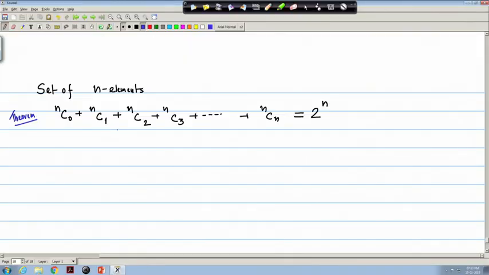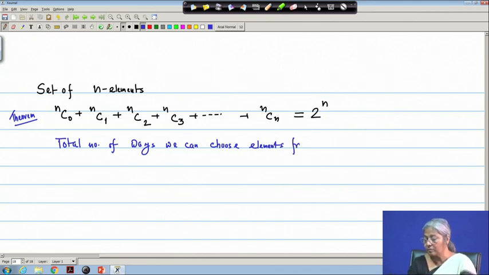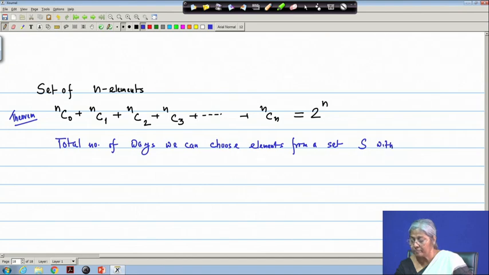From the definition only, actually, we can prove that this is the total number of ways we can choose elements from a set S with n elements.